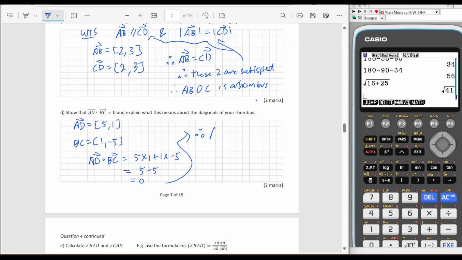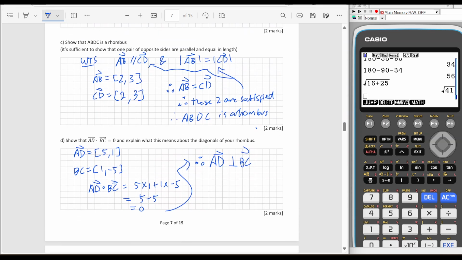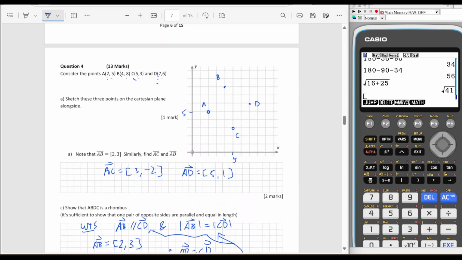Therefore, AD is perpendicular to BC. That's what it means when the dot product is 0. Therefore, the diagonals are perpendicular. They're at right angles. So basically, if I draw in the diagonal lines, there's a right angle there.